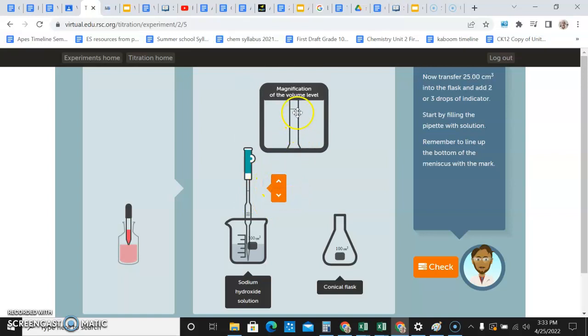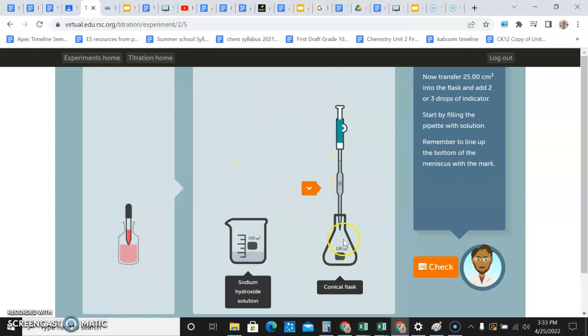It's going to be filling up to the mark. It's going to be 25 centimeters cubed. We just got to be careful we don't go over the mark. There it is, look. And we want to get the meniscus sitting on top of the mark. Oh, perfect. Okay.